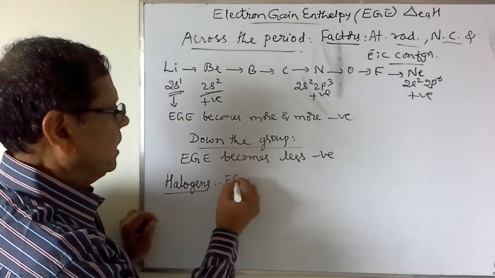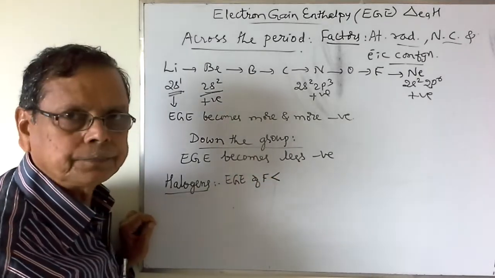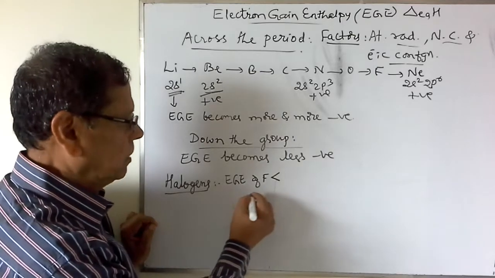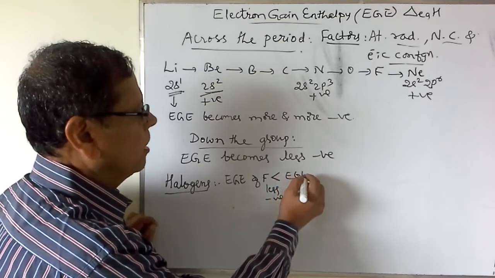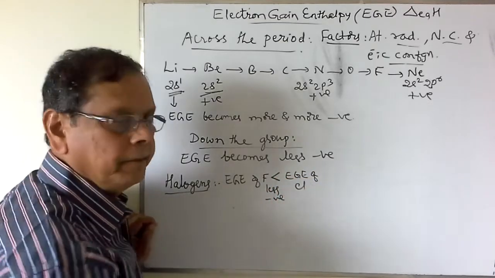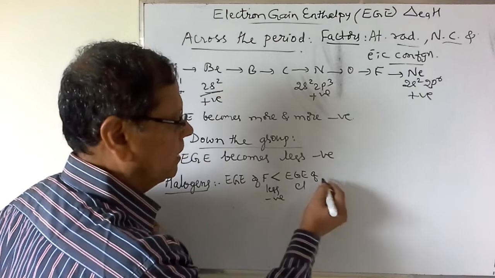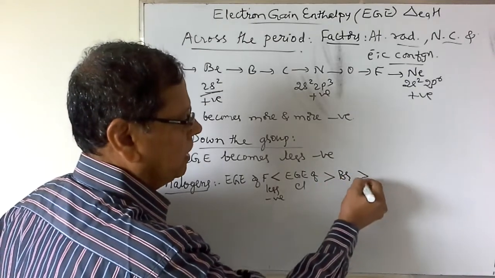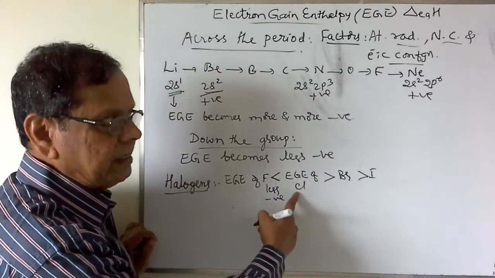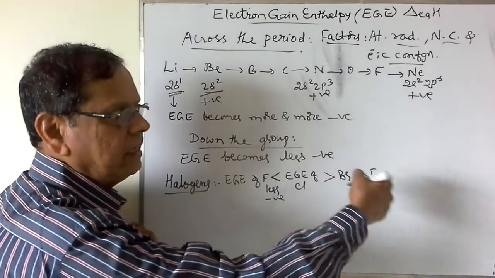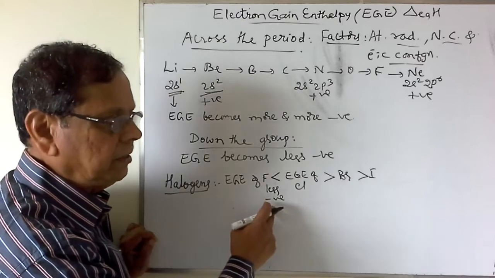So, the electron gain enthalpy of fluorine is less negative as compared to that of chlorine. But when the electron gain enthalpy of chlorine is compared with the other elements, it becomes less for bromine and less for iodine. That is, from fluorine to chlorine there is an increase, and from chlorine to bromine and iodine there is a decrease. So this is the trend that we observe.